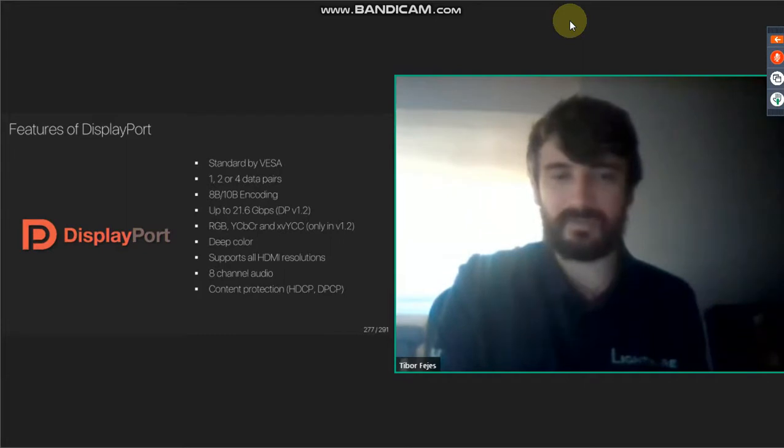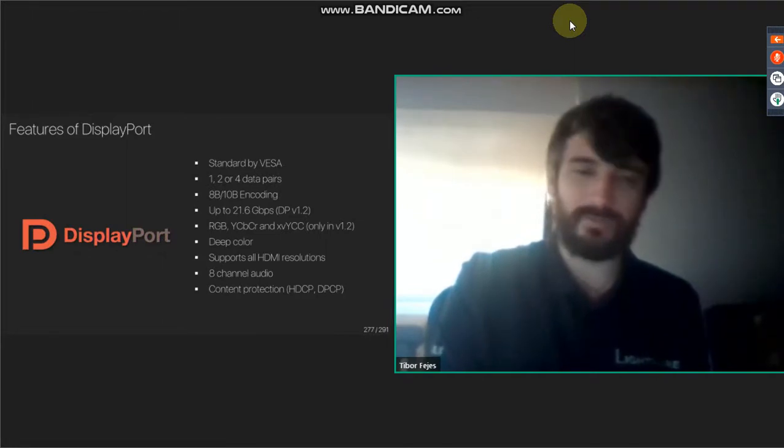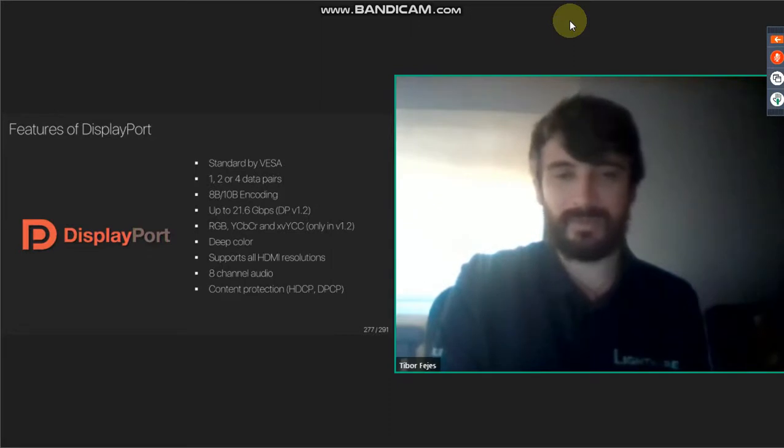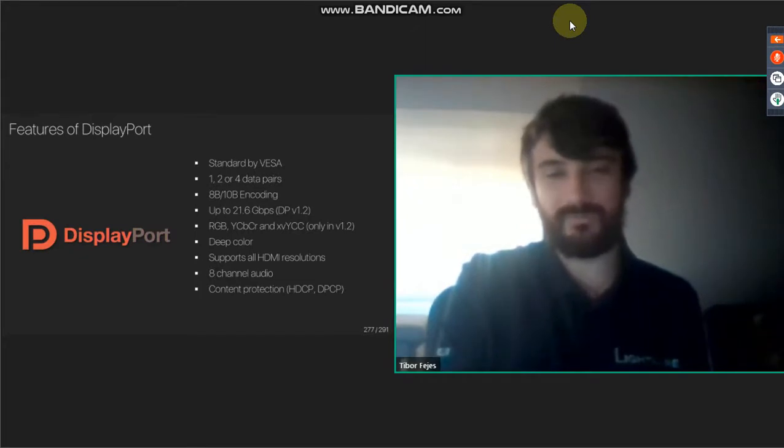Much of the same color spaces are supported as HDMI. Likewise with deep color, it supports all HDMI resolutions, and we'll look at how some of the backwards compatibility is designed, and similar 8-channel audio as HDMI 2.0. And you could say HDMI 2.0 and DisplayPort 1.2 are somewhat equivalent. They're the closest ones to each other.